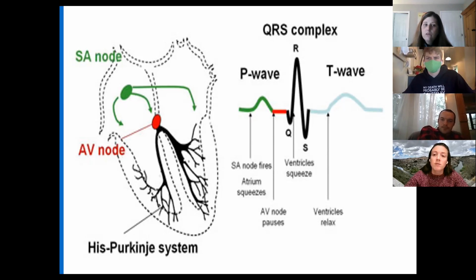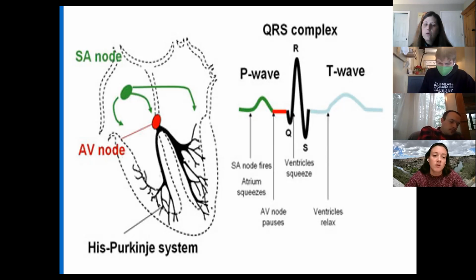And then in black, you see where we've got the right and left bundle branches, the bundle of His, and those little finger-like things. Those are your Purkinje fibers, the His-Purkinje system. That is represented by the QRS that's in black on the EKG strip.